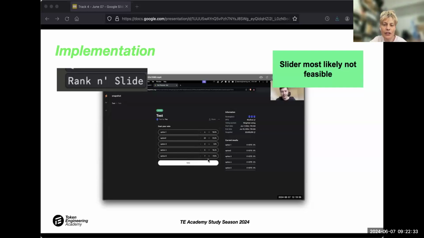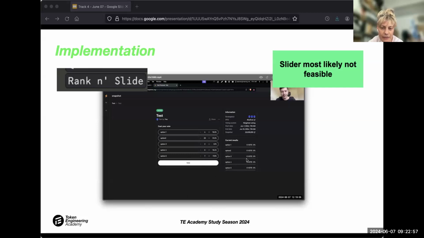So here you can insert numbers. It's basically not even saying this is the minimum, the maximum. You can insert any number here, and then it distills a percentage based on the numbers, and then you submit your vote and see that this vote has been counted.